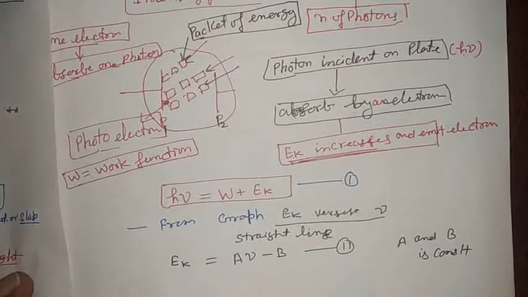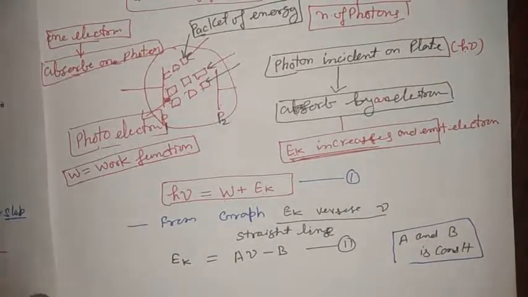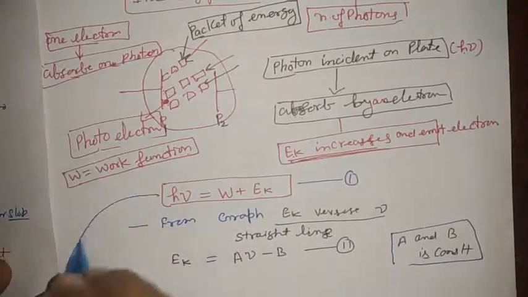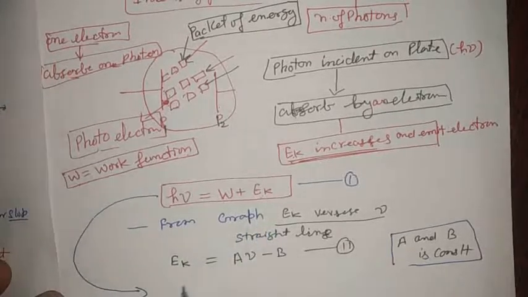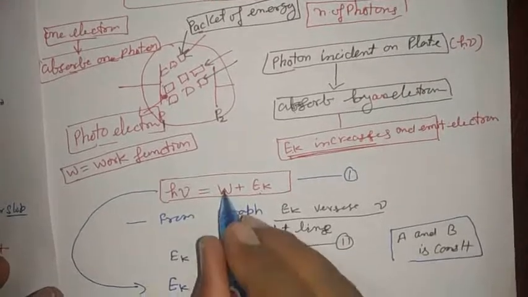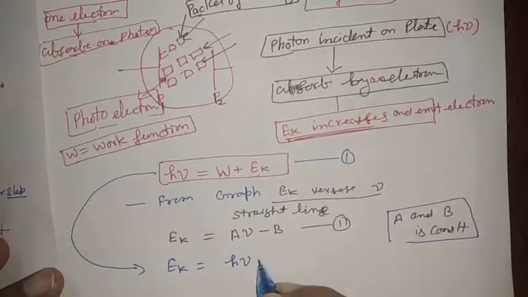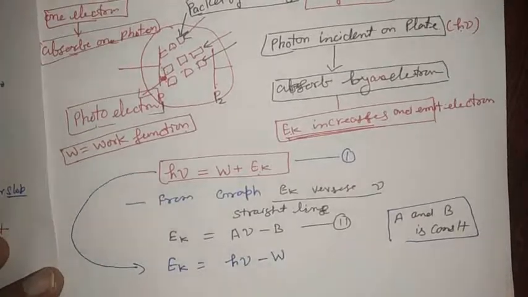In Einstein's explanation, A and B are explained. Equation 2 can be written as the kinetic energy of the emitted photoelectron is equal to, transferring W to this side, h nu minus work function.